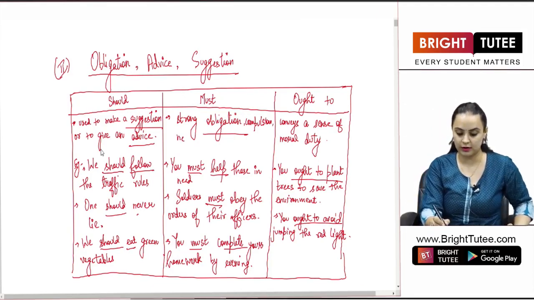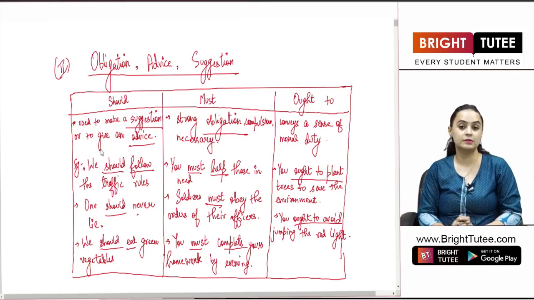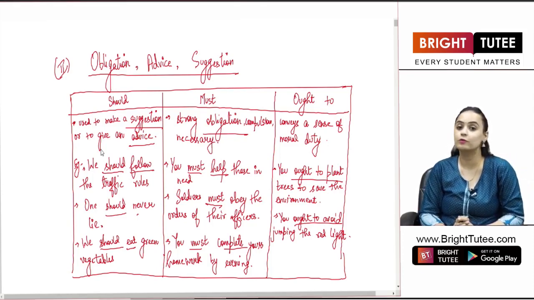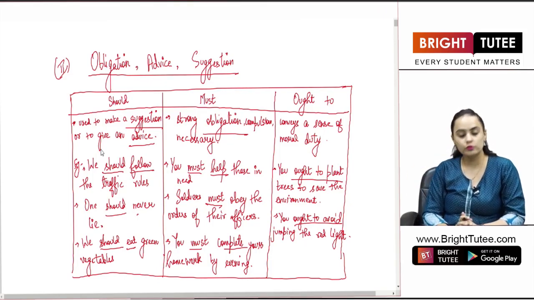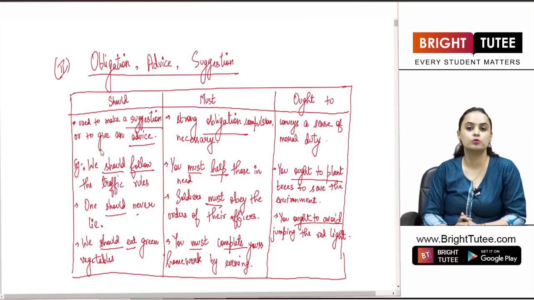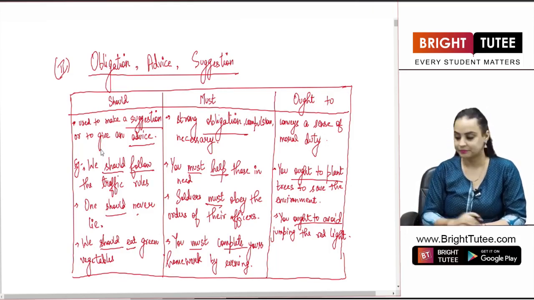I can also write it is necessary for you to do. For that we use must, wherein you have no other option to escape. And the last one we had was ought to. Ought to is a modal that we use to talk about something which is to be done morally, something which is morally sound, something which is morally correct.